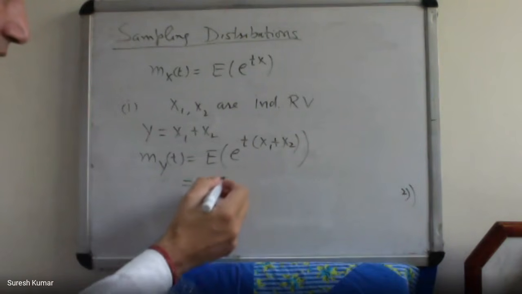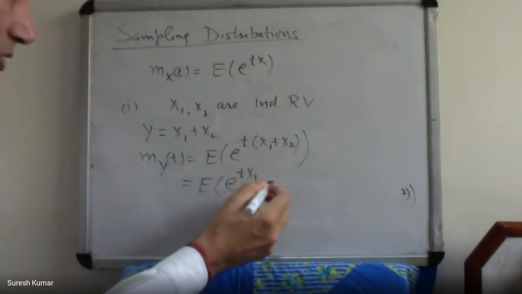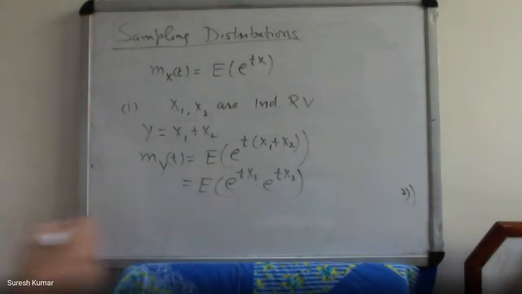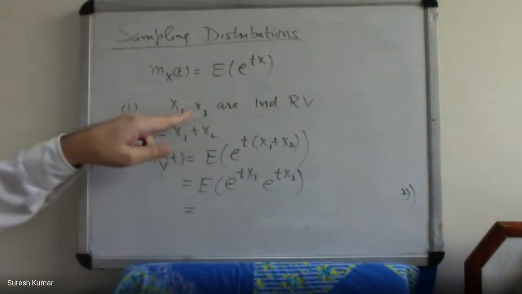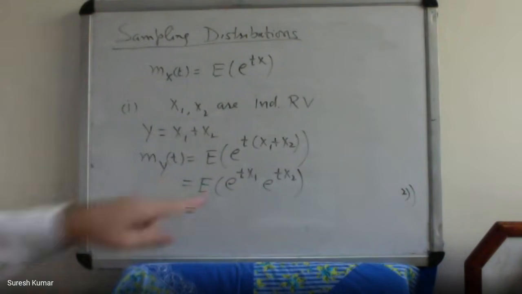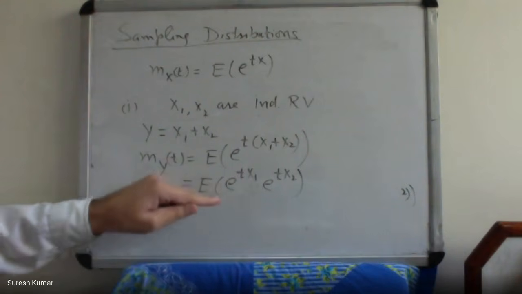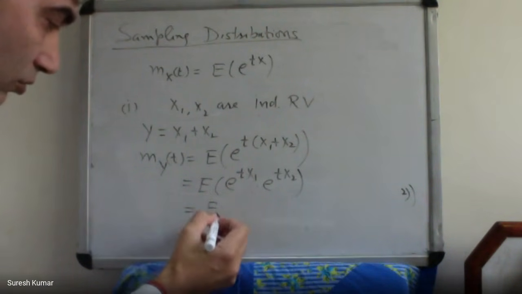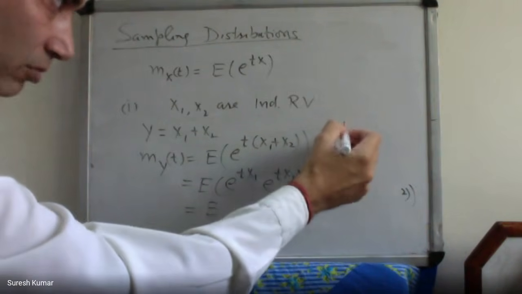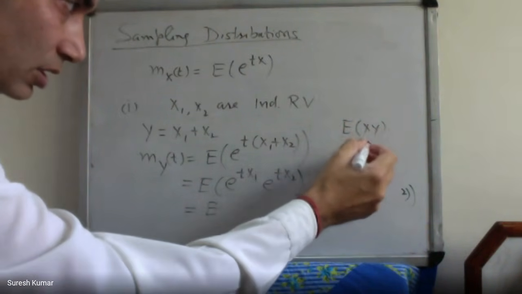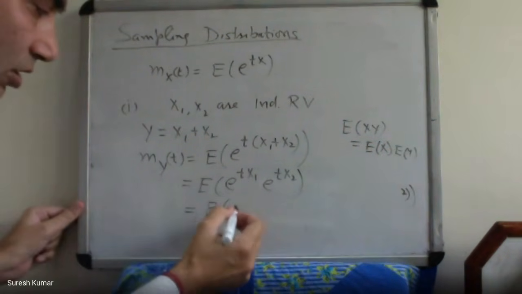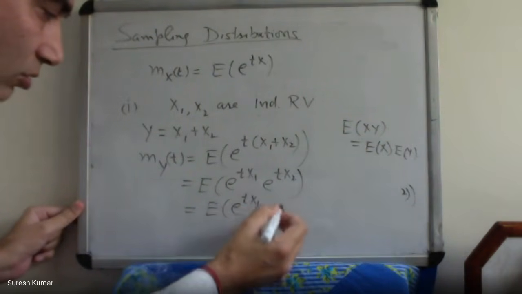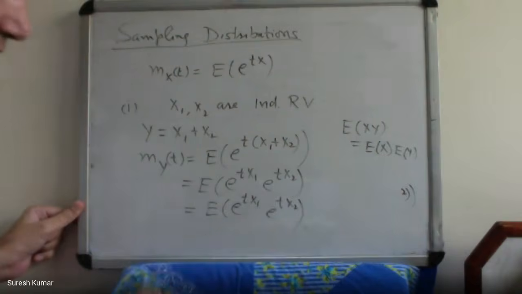This can be written as e power tx1 into e power tx2. What does it mean? Expectation of the product of these two, but x1, x2 are independent random variables. That means e power tx1, e power tx2 are also independent. So, you know that result, if x, y are independent random variables, then E(xy) is equal to E(x) into E(y). So using that, you can write it as expectation of e power tx1 into expectation of e power tx2.